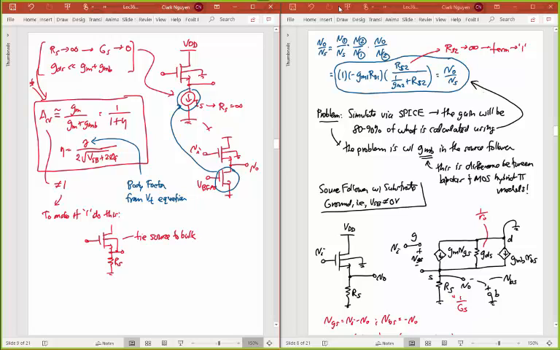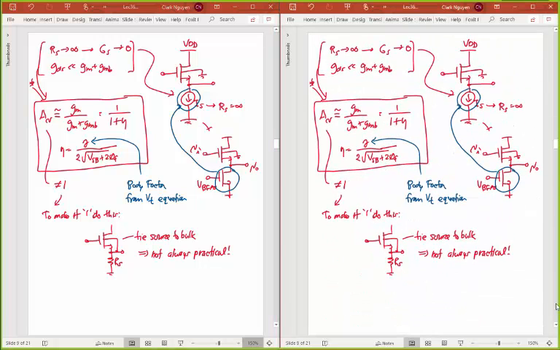If you do this, you can get a gain close to 1. But like I said, this is not always practical. And now the reason why it's not always practical. The reason why it's not practical and people often don't want to do this, I said, was an area reason.